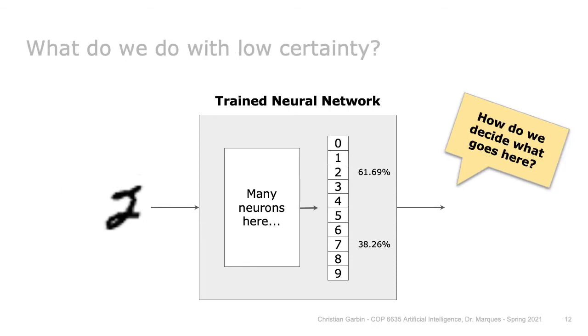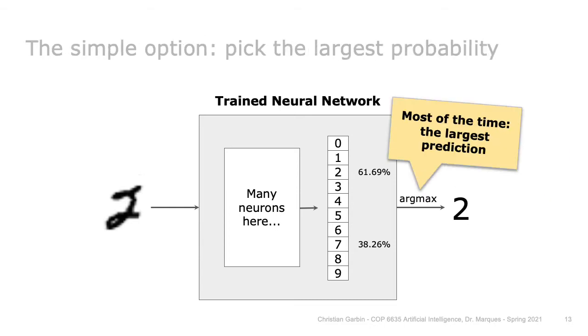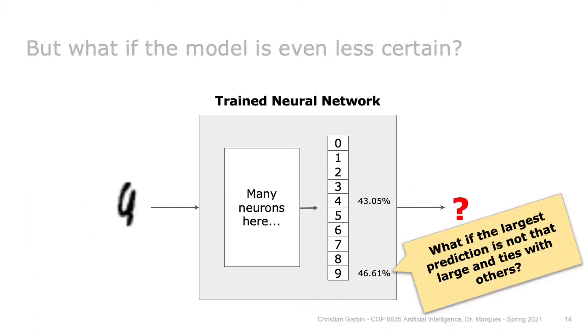So how exactly do we decide what the model is going to predict? One solution is we take the largest prediction and then we call that the label. So here the largest prediction is number 2, 61.69%, and we use that to classify this image as a number 2. However, in other cases the model is not so certain.